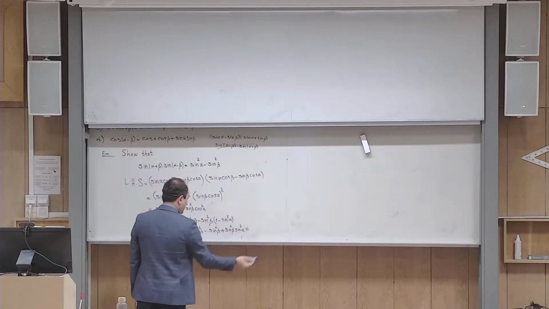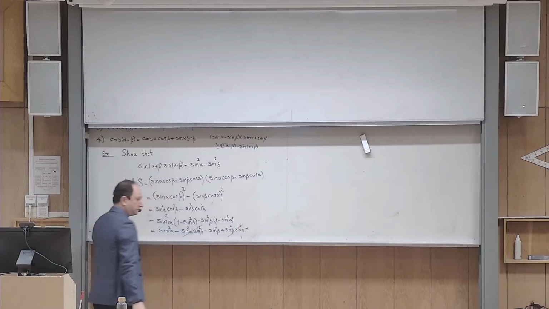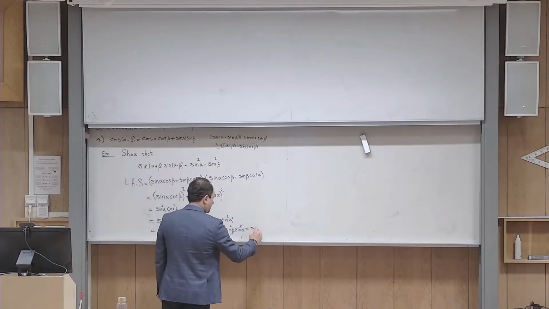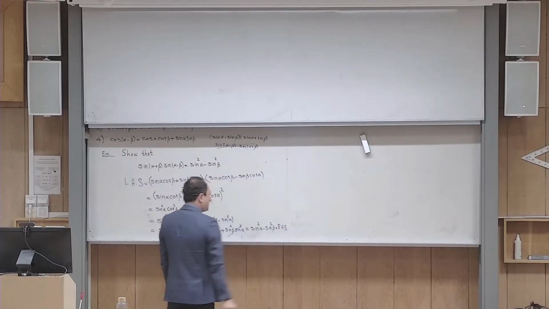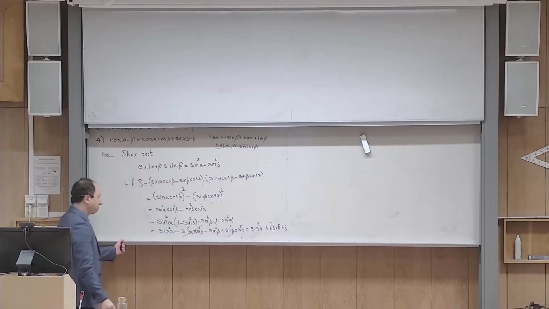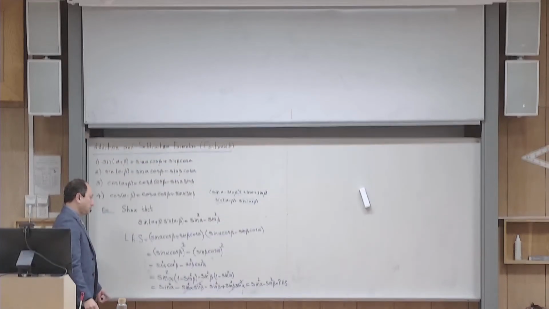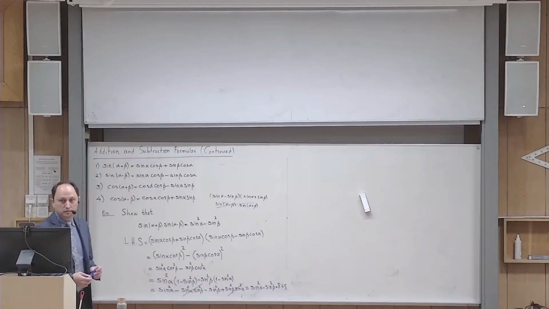And then you see what happens, yes? The terms that I really don't need, they are actually cancelled out. Yes? And then what is left is sine alpha squared minus sine beta squared. And that is equal to the right-hand side. So we were able actually to prove this identity. Any questions?